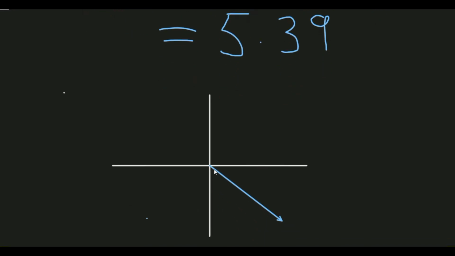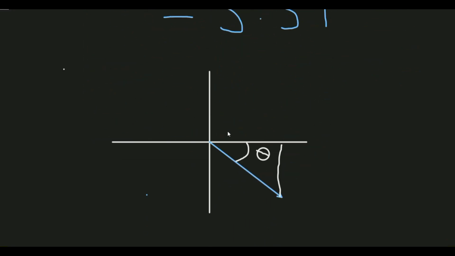Alright, so how do you find the direction? If they ask you to find the direction, what do you do? Here you can do a lot of things, to be honest. You can find this angle. Suppose this one is theta. Now you might ask what would you do with the minus 2?